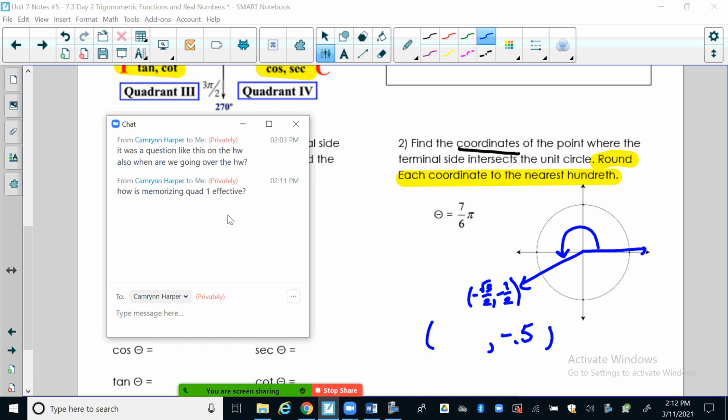So there was a question in the chat that said, how is memorizing quadrant 1 effective? What do you mean? Like, how do you apply it to everything else? I guess I still don't understand, because I just showed you how memorizing quadrant 1, we then applied it to an angle in quadrant 3, because 7 pi over 6 was quadrant 3.